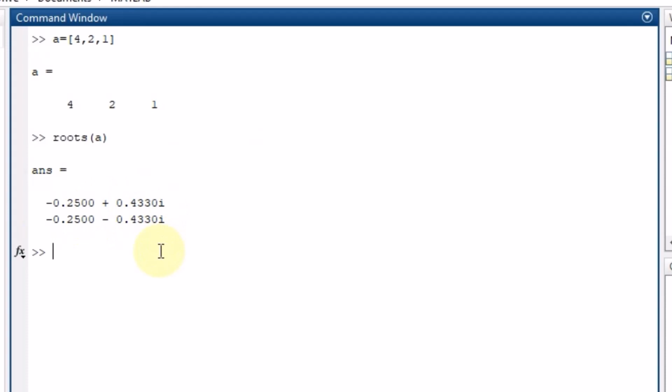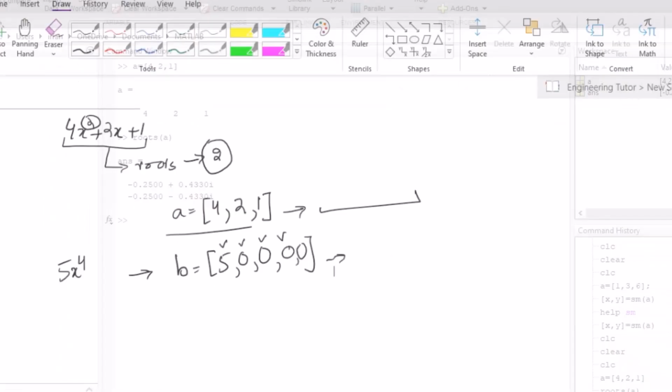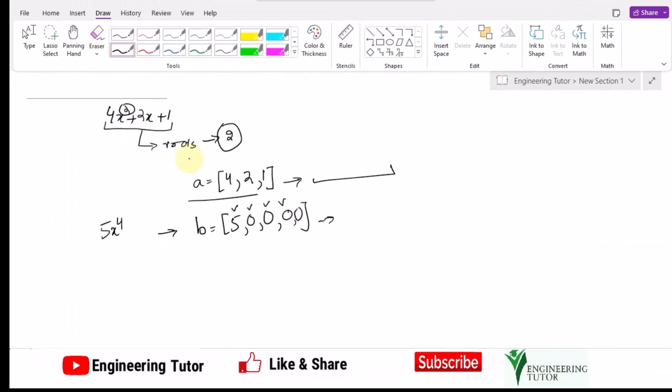Similarly, if we have another equation, x square plus 2x plus 1, that is a very well known equation. So another equation here is x square plus 2x plus 1 equal to 0. We can very easily see that the root of it will be minus 1, because there are two roots here, and this is now x plus 1 whole square equal to 0.